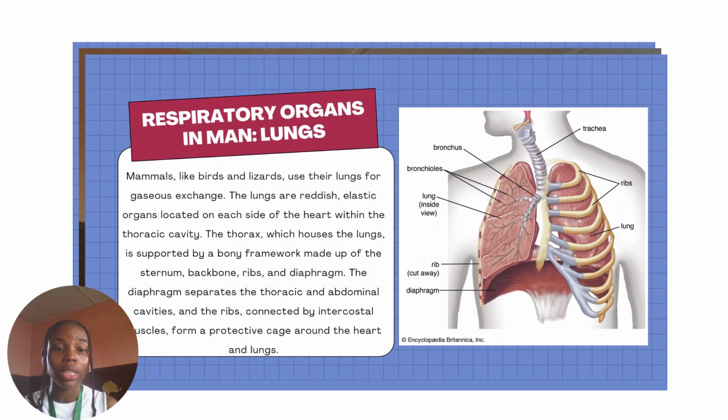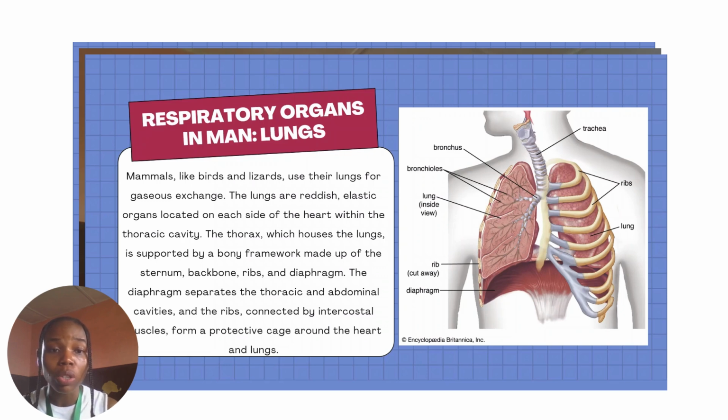And the lungs are reddish, elastic organs located on each side of the heart within the thoracic cavity. So you are all familiar with the thoracic cavity. So the lungs are on each side of the thoracic cavity. The thorax, which houses the lungs, is supported by a bony framework made up of the sternum, the backbone, the ribs, and the diaphragm.